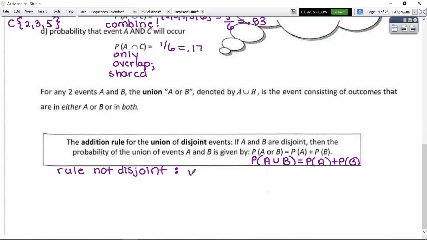So the probability of A or B occurring is equal to the probability of event A plus the probability of event B minus the overlap, the probability of A and B. So think of this as like the overlap or the shared.